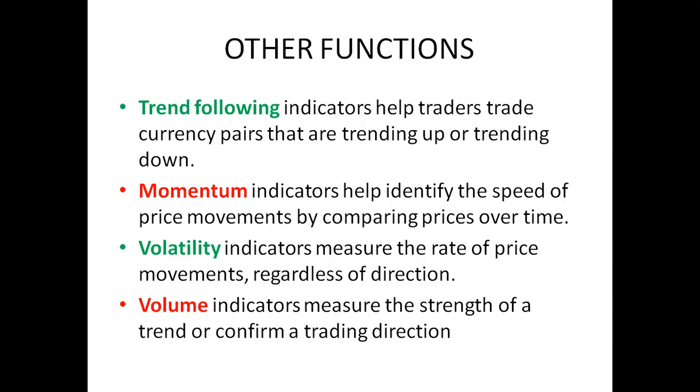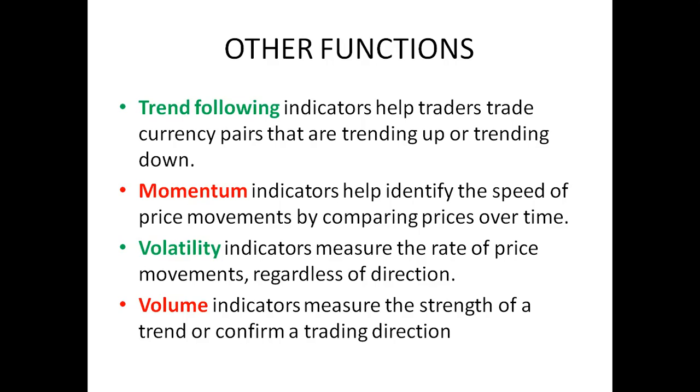We also have volatility indicators. And what they do is that they measure the rate of price movement regardless of the direction. Take note of momentum and volatility. They look a bit similar, but they are not the same. Momentum identifies the speed of price movement, but volatility indicators measure the rate of price movement.